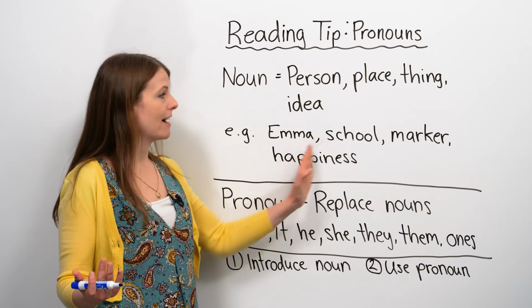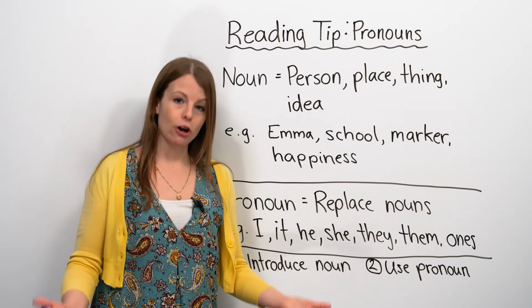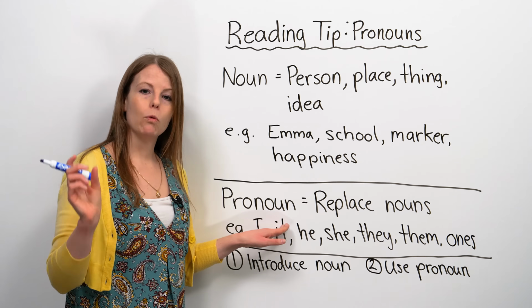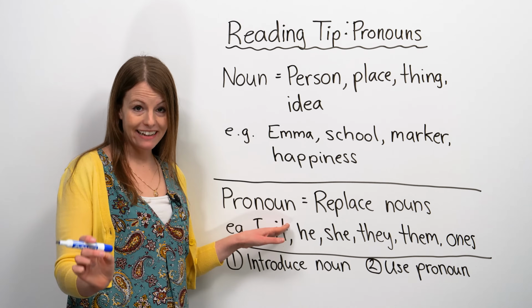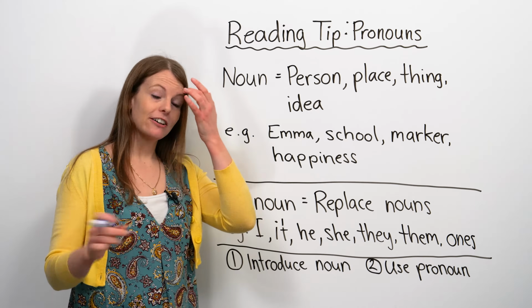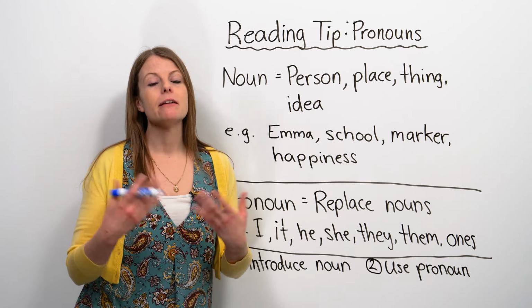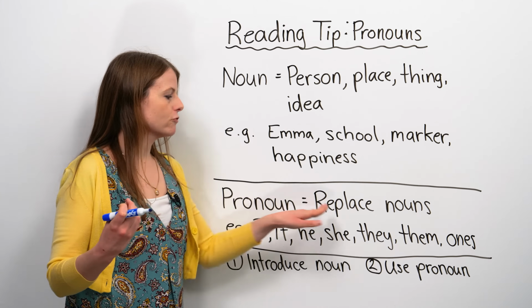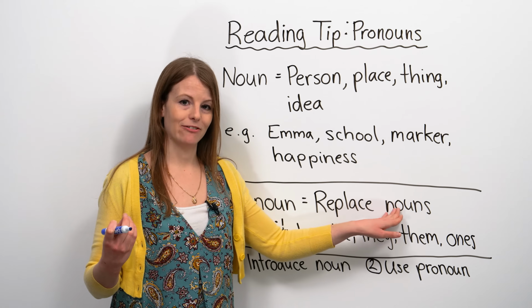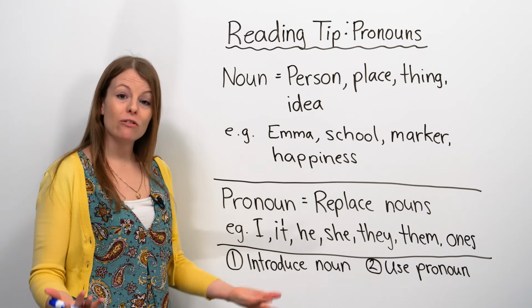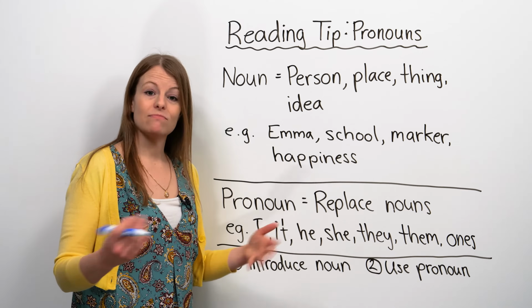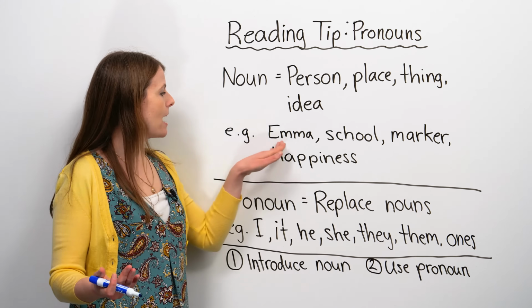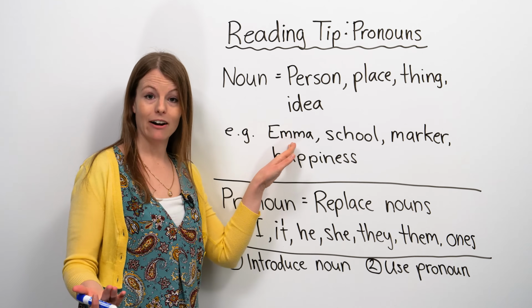So I've told you what a noun is. What is a pronoun? A pronoun is a word that replaces a noun. There are different types of pronouns, but the main idea I want you to know is that a pronoun replaces a noun. So let me give you some examples of pronouns. I told you before, Emma is a noun.